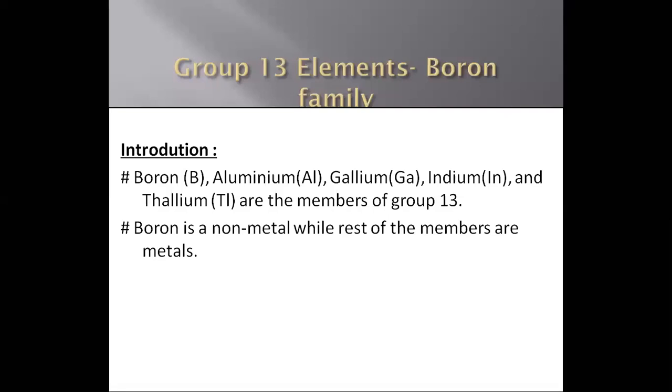Out of these elements, boron is the only non-metal, while the rest of the elements are metals. That means aluminium, gallium, indium, and thallium. All these are metals except boron, which is a non-metal.